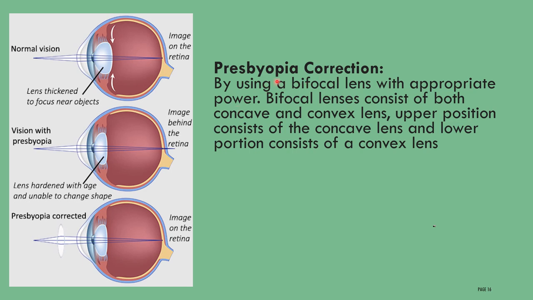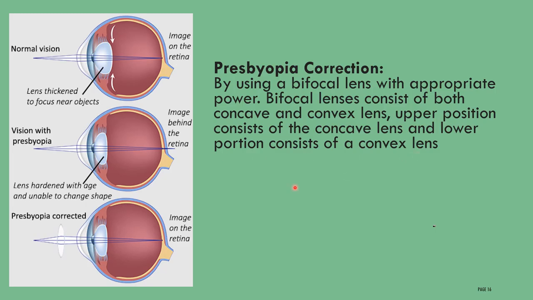Why we will use bifocal lens to correct presbyopia? Already I told, in this case we can observe both myopia and hypermetropia. Therefore, we will use bifocal lens. Bifocal lens consists of both concave and convex lens. Upper portion consists of a concave lens and lower portion consists of a convex lens.